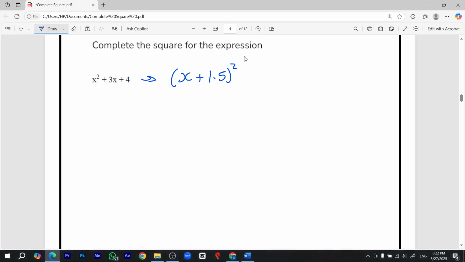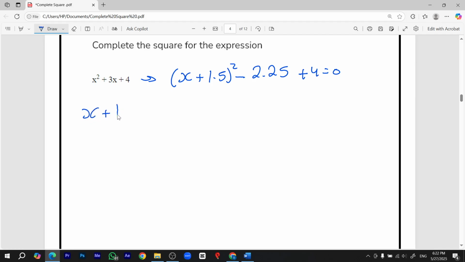Then it's obligatory to put a minus, and I square the 1.5 to get 2.25, plus 4. We have a negative and a positive, so we subtract: negative 2.25 plus 4 is 1.75.